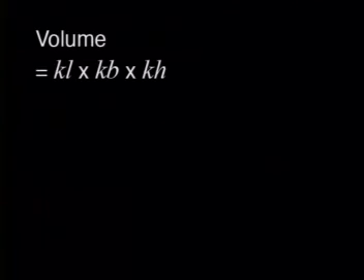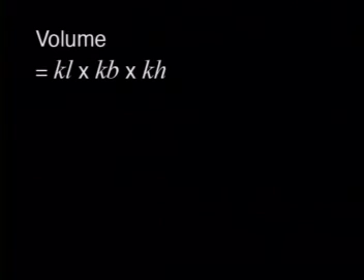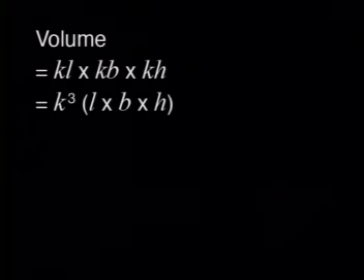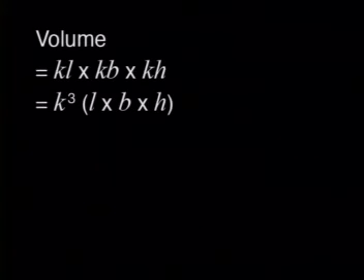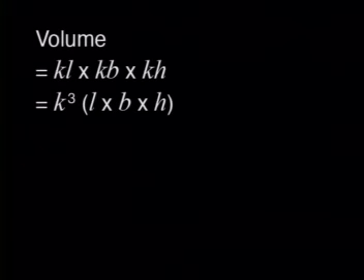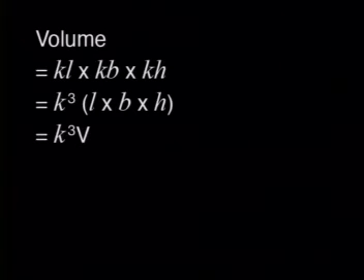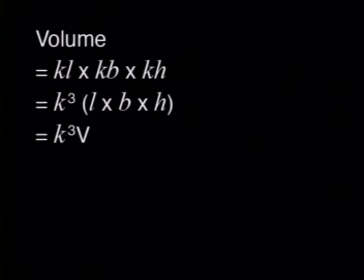If our pattern that we have set up here is correct, surely we can use it to find an algebraic formula for calculating the new volume if the dimensions of a prism are multiplied by K. We will get K times L times K times B times K times H. That is the same as K cubed times LBH. So the new volume will be K cubed times the original volume.